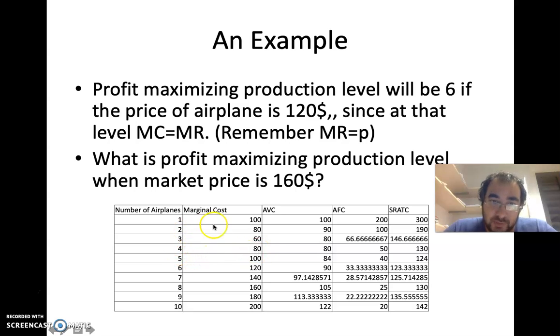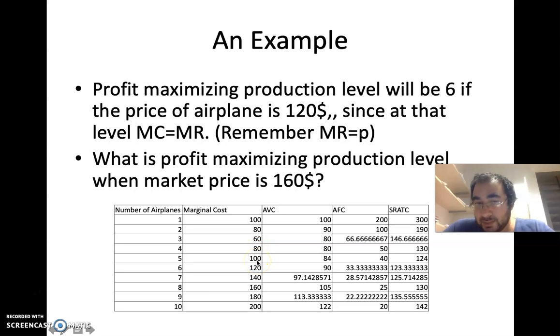It's not 2, even though at 2 the marginal cost is also 80. It is 4 because at the profit maximizing point, marginal cost and marginal revenue should be equal to each other, but marginal cost also should have an increasing slope. So here it is increasing. At 4 it is increasing from 60 to 80 to 100. But at 2 it is decreasing from 100 to 80 to 60. So that's why it's 4.